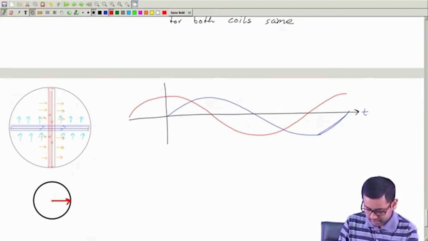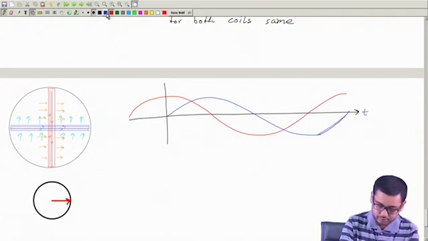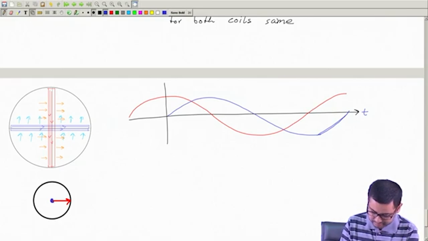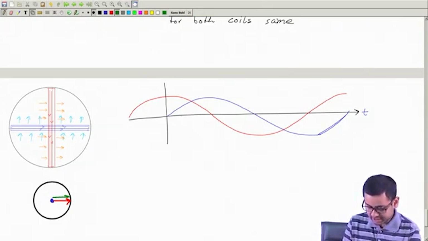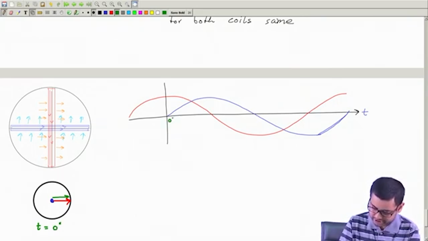Okay, so red flux flows from left to right, and the blue flux is 0 because the blue current is 0. Now if we add these two fluxes, the resultant will be the vector sum of these two fluxes. So this is the resultant, from left to right. Okay. So this is at the angle of 0 degree.